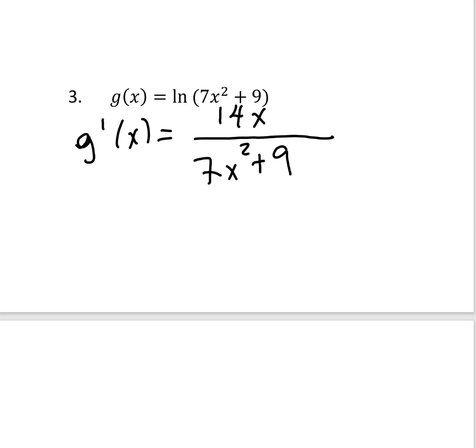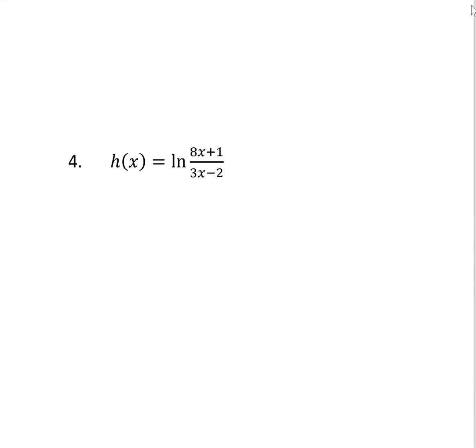Here I have the natural log of 8x plus 1 over 3x minus 2. Now in this case, I do say it's important to expand it. What I do not want to have to do right now is the quotient rule, right? I don't want to have to put the 8x plus 1 over 3x minus 2 in the bottom and do the derivative on top.